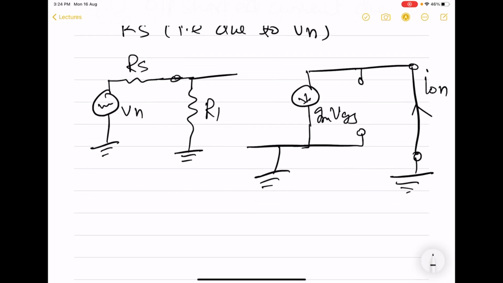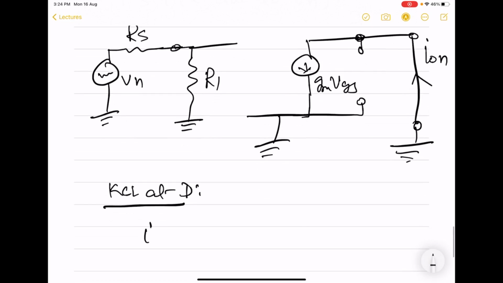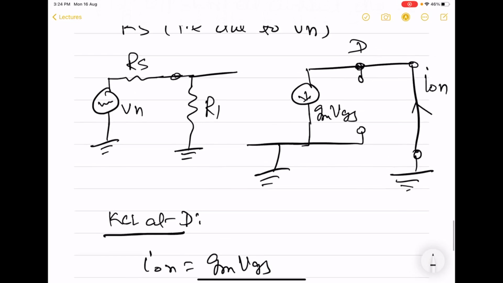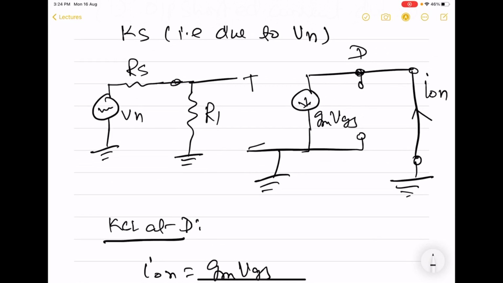We can see from the KCL at the drain that IOn is going to be gm times VGS, the voltage between gate and source. Source is grounded, so this VGS also becomes the voltage across R1.